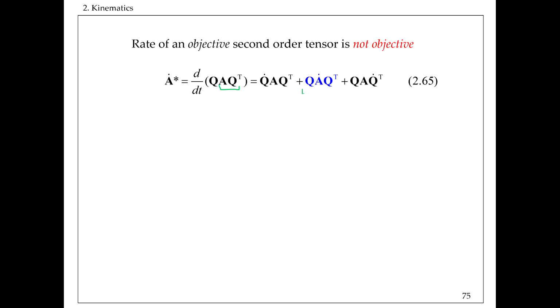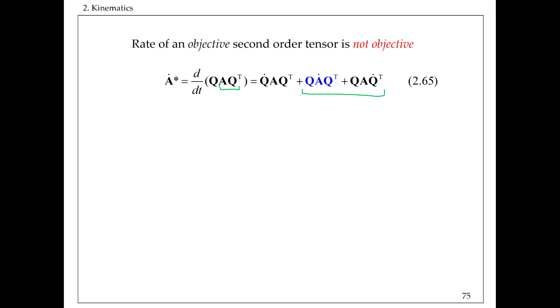This is the second term, and then we need to take the dot of AQ transpose, when both of them will be multiplied by the Q here, right? And then when we take this dot of AQ transpose, we have A dot Q transpose plus A Q transpose dot.